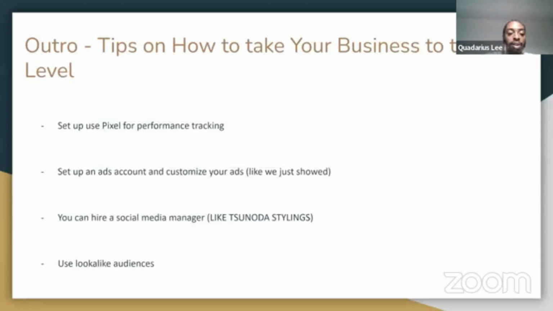With the pixel, you'll be able to set up certain events. You'll be able to see how many people went on your site and clicked add to cart, how many clicked the subscribe button to subscribe to your newsletter, how many people were on your site, period, and other calls to action on your business.